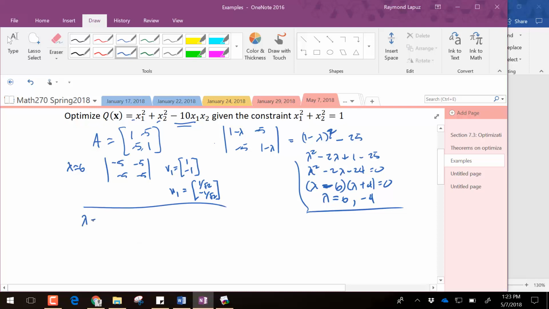Now lambda is equal to negative 4. That is going to give us positive 5, negative 5, negative 5, positive 5. So our v vector is going to be 1, 1, or 1 over root 2, 1 over root 2.